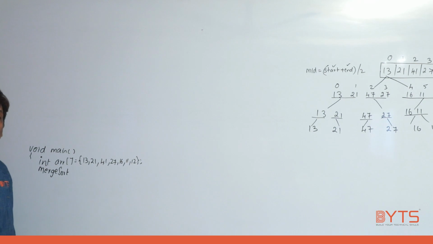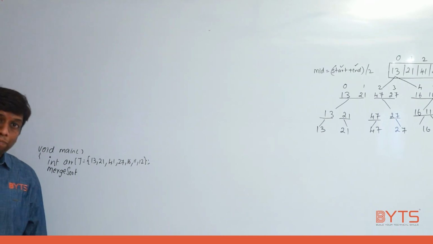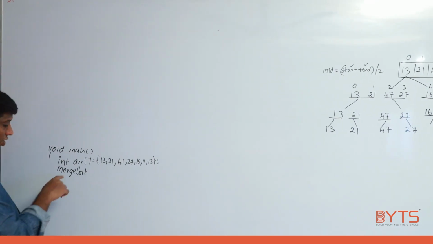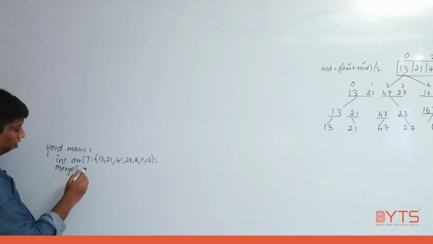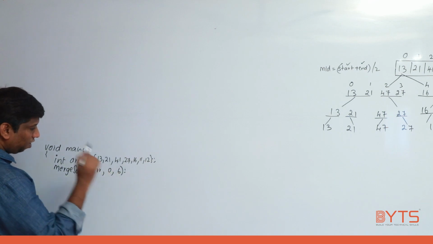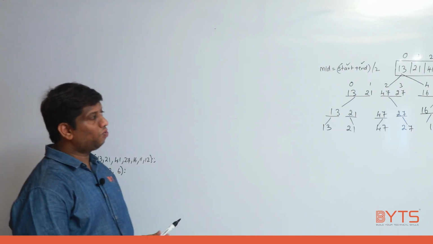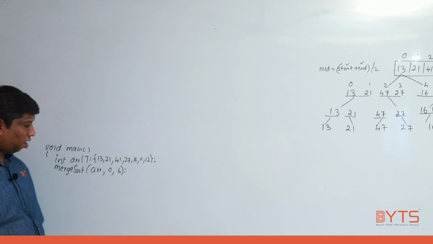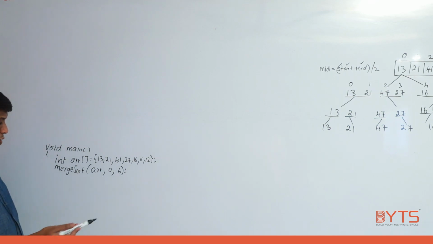See, the previous function was merger. Now the function name is merge sort of ARR, 0, 6. Start value is 0, end value is 6. I hope this is very clear.